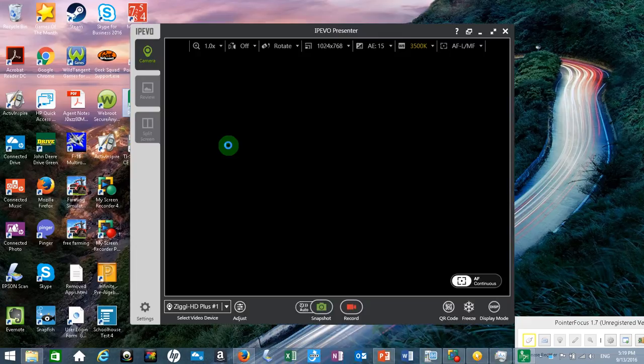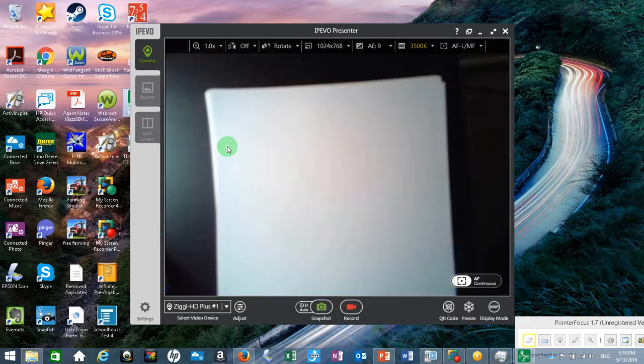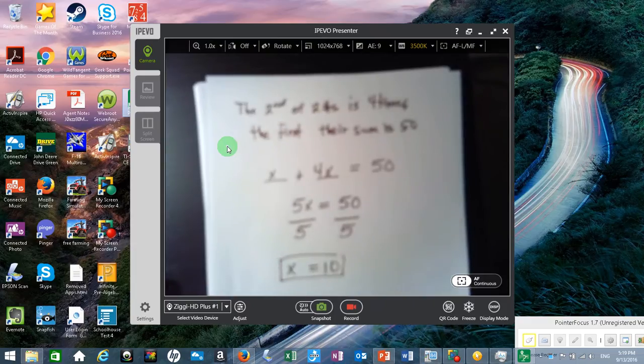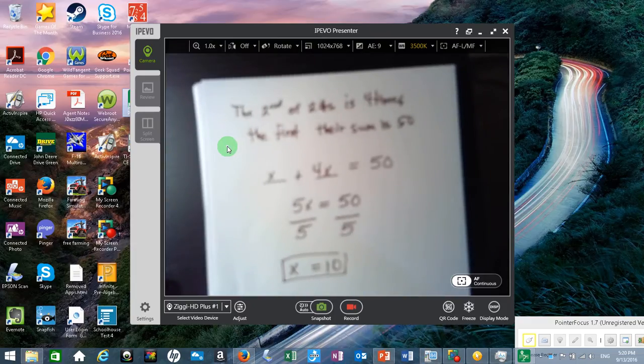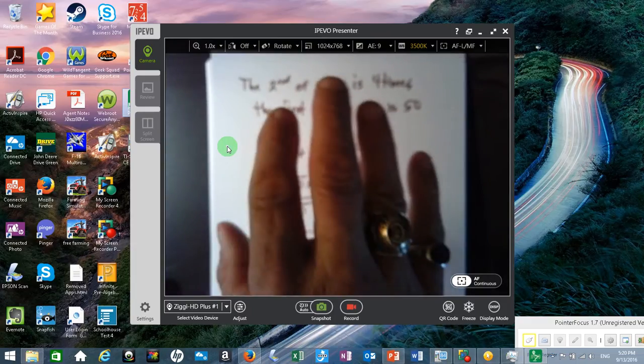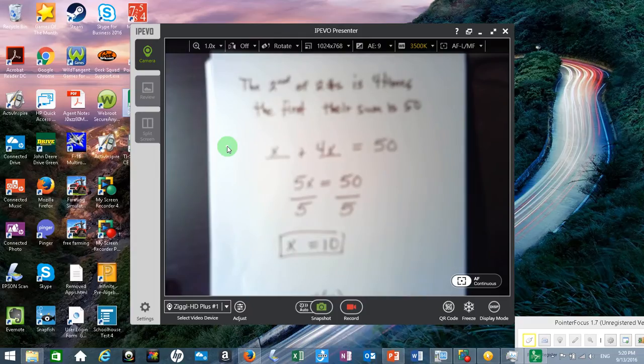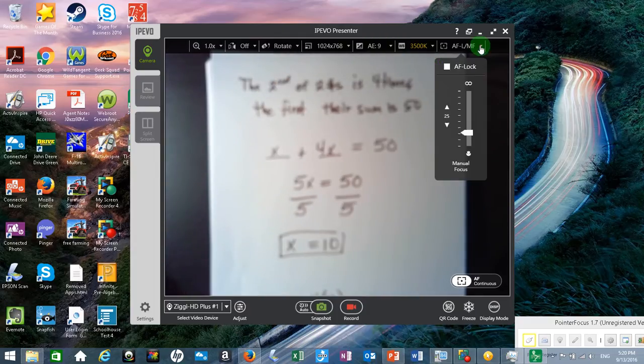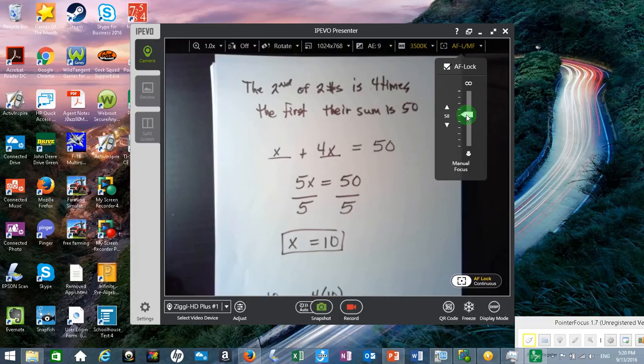There we go. On that last problem, I'll put it over here. There's the last problem we did. The second of two numbers is 4 times the first.